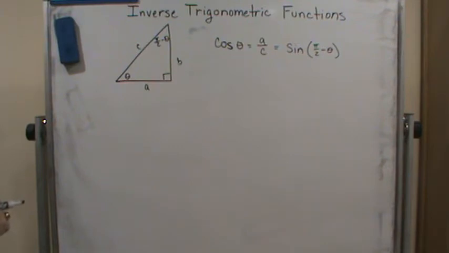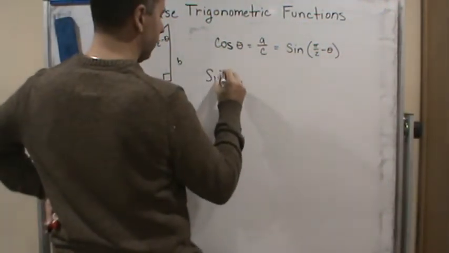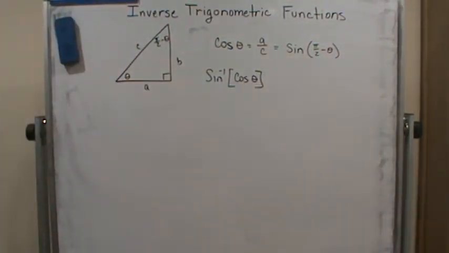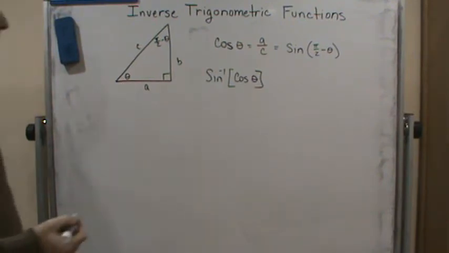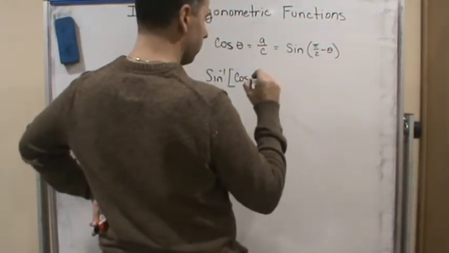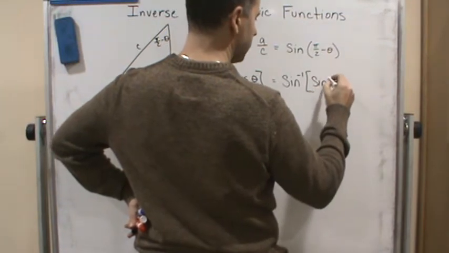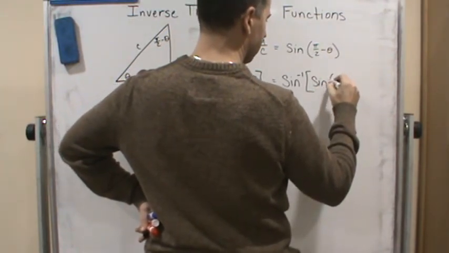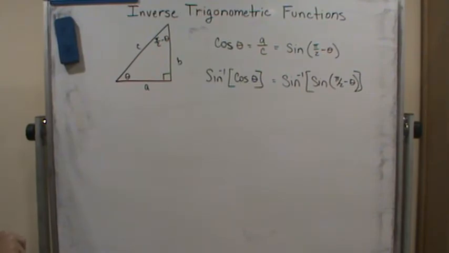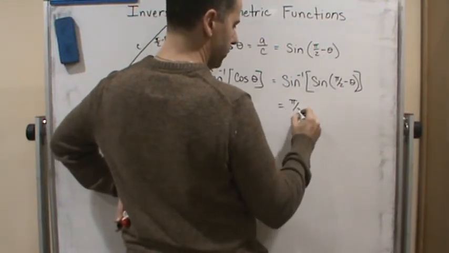So what does that mean? Well, it means that if I take sine inverse of cosine theta, that's going to be equal to sine inverse of sine of pi over 2 minus theta, which then I can use the inverse property and I get pi over 2 minus theta.